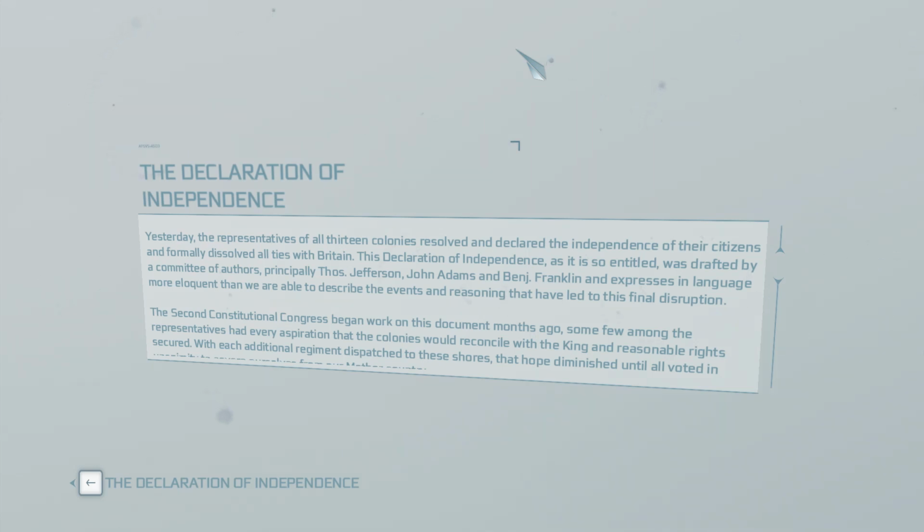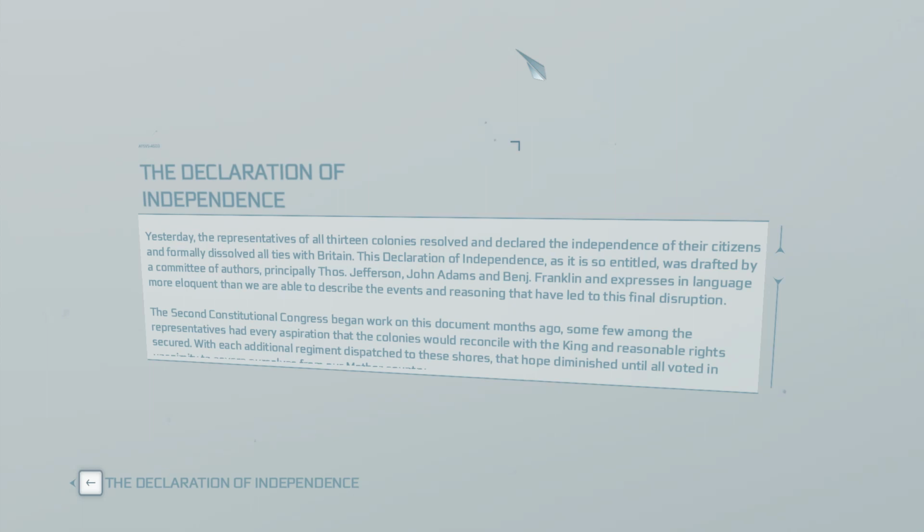This Declaration of Independence, as it is so entitled, was drafted by a committee of authors, principally Thomas Jefferson, John Adams, and Benjamin Franklin, and expresses in language more eloquent than we are able to describe the events and reasoning that have led to this final disruption.